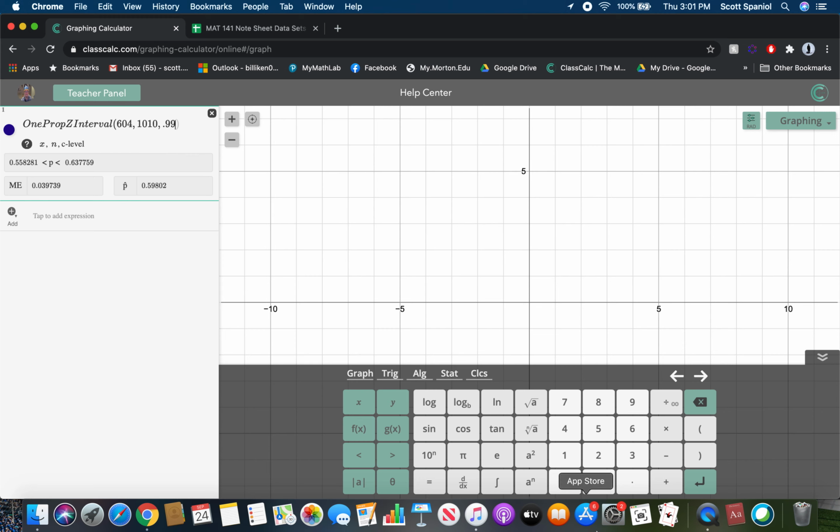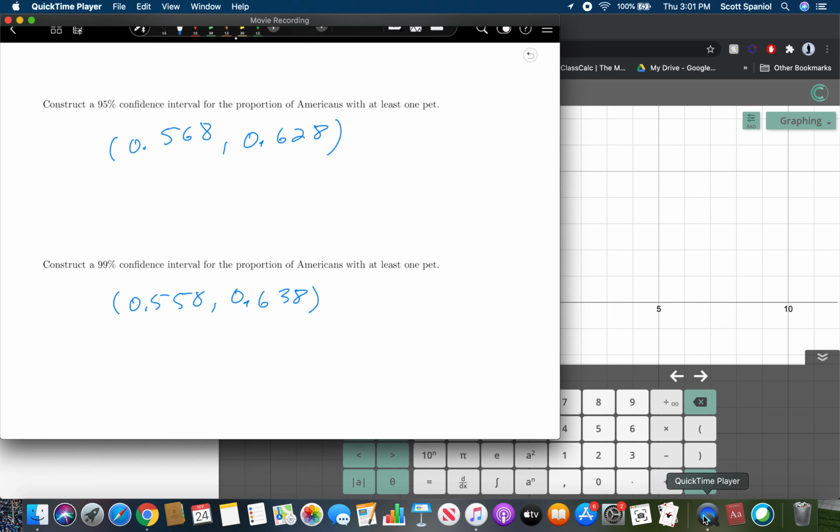So notice, for these, when we increased our confidence level, the interval got a lot bigger. It got 2 percentage points bigger. So we went from 56.8% to 55.8% and 62.8% up to 63.8%. So it got 2 percentage points wider to be much more confident.